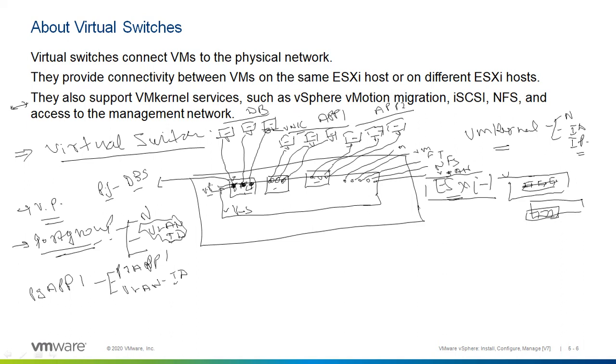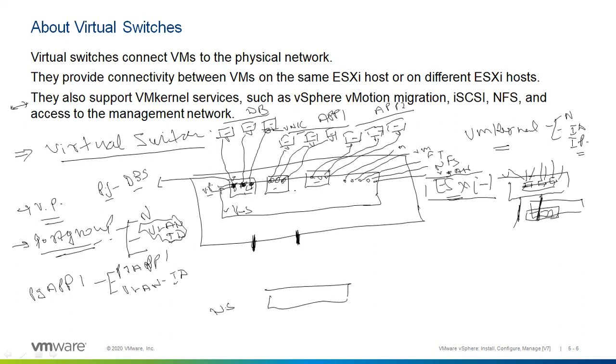How will all these things talk to each other, and again the same networking configuration I have done on the secondary ESXi, how will they talk? For that we need some physical connectivity. When I say physical connectivity, we require the physical network switch.